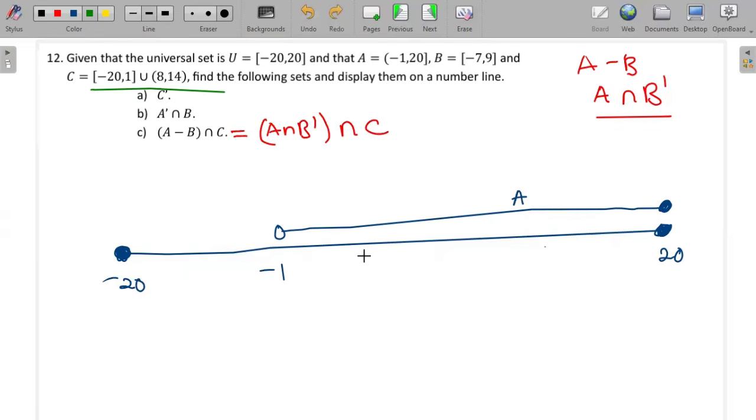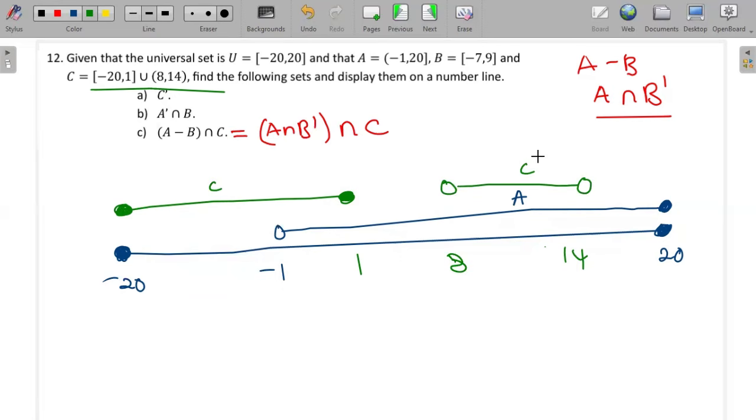So I can put my 1 here, then 8, and then 14. You just plot the important numbers. So shade -20 all the way up to 1. This is the first part of my C. And then my other one is open at 8, open at 14. This is my other part of C.